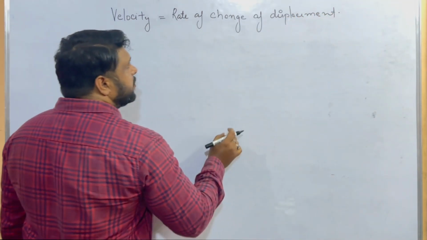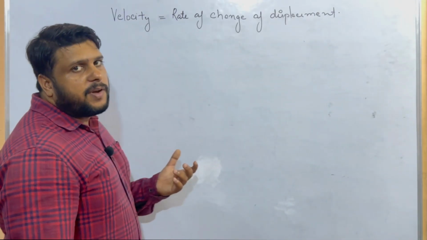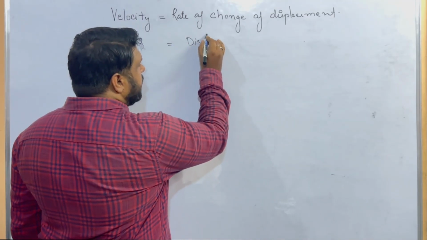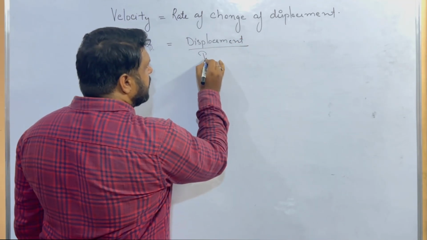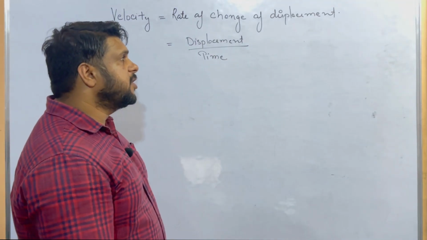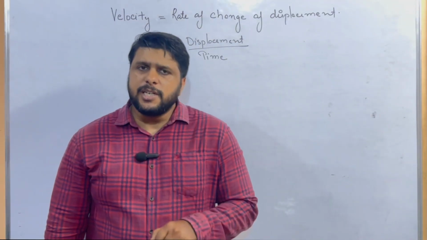Okay, now displacement is a vector quantity, so velocity is also a vector quantity. It is defined as displacement upon time, the rate of change of displacement, meaning how my displacement changes with time.